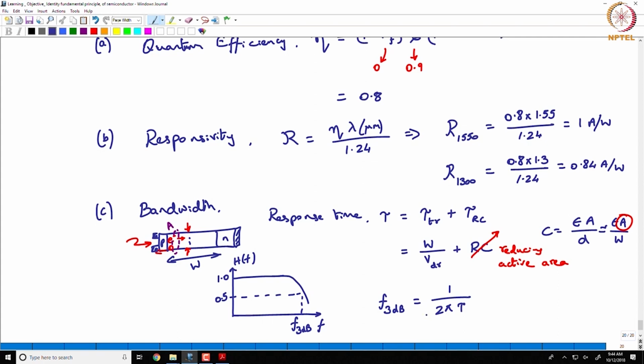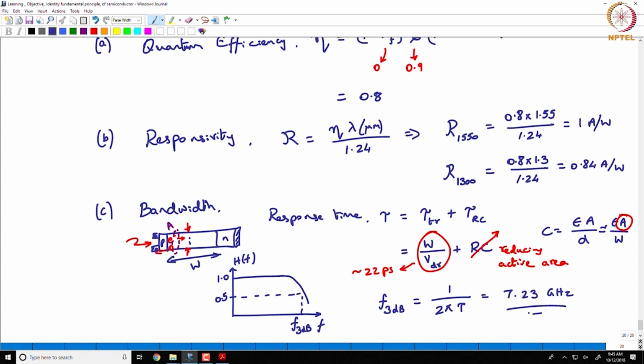So, this transit time component, you will find for this particular case that we are given, is roughly about 22 picoseconds, and if you substitute that back in this expression, what you will find is this corresponds to 7.23 gigahertz. So, the bandwidth is 7.23 gigahertz for the particular example that we have given.